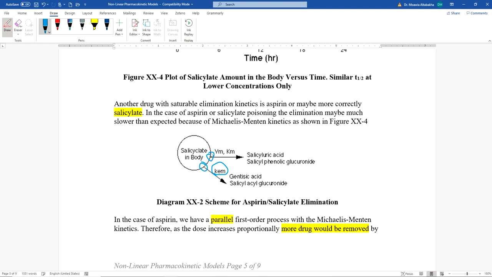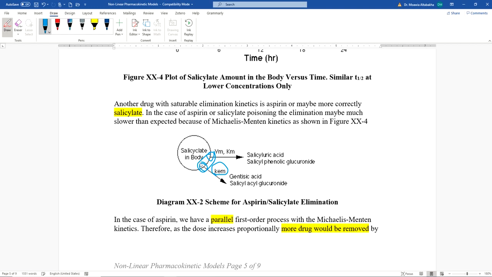So we have first order, and we have Michaelis-Menten or nonlinear pharmacokinetics. At low concentration, we will consider this as a window here, one window. At low concentration they behave like first order kinetics, but as you increase the concentration, this one will start to reach the maximum value for elimination rate, while this one keeps the same as first order kinetics.